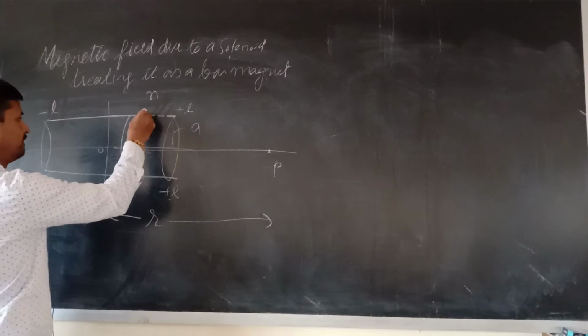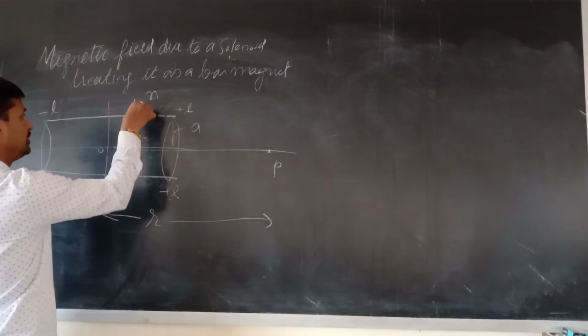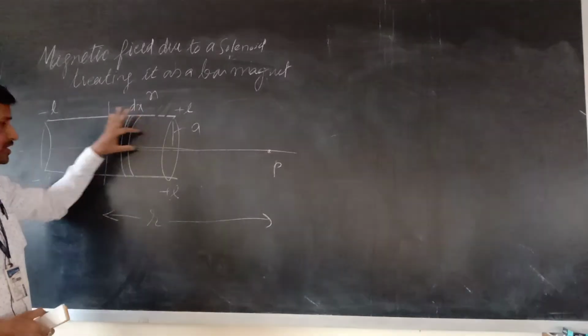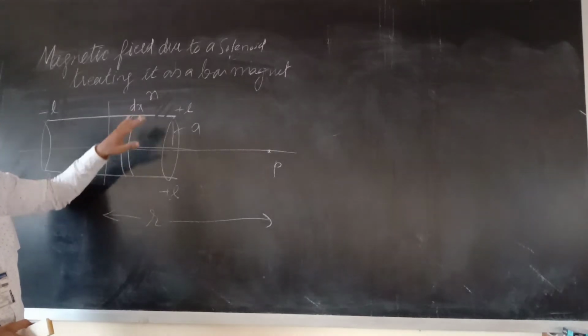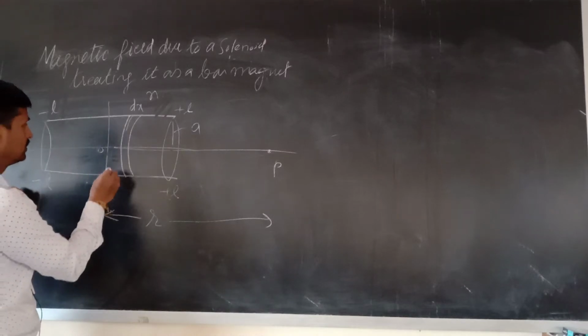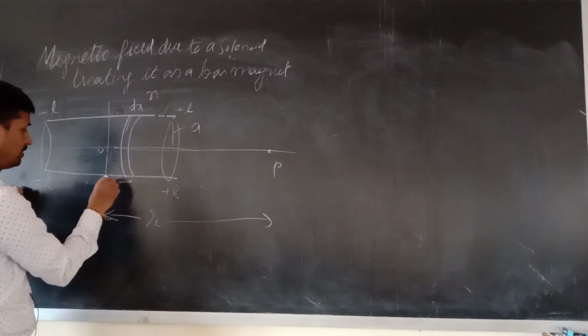Listen here carefully. Let dx be a small element of this solenoid, a small patch of the solenoid having several turns in it, at a distance of x from the center.